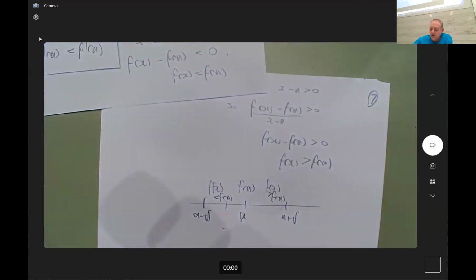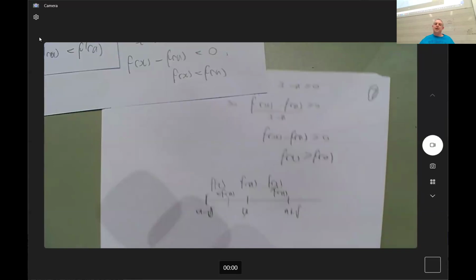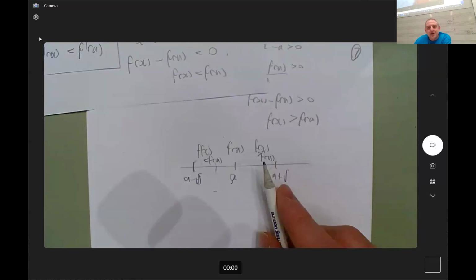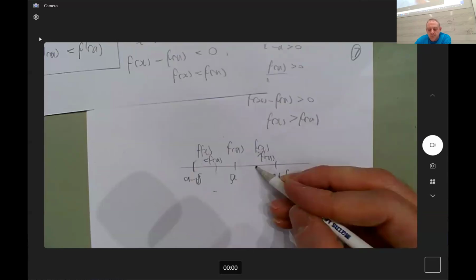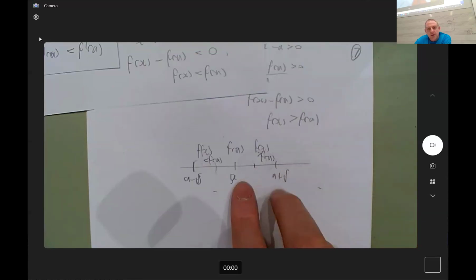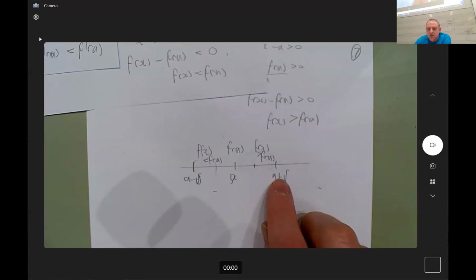Wait, I think I have it now that I've let my mind think about this in the background for a bit. If I pick a point in this zone, then I know that f of a plus delta is more than f of a. Well, maybe a plus delta minus a bit. Okay.